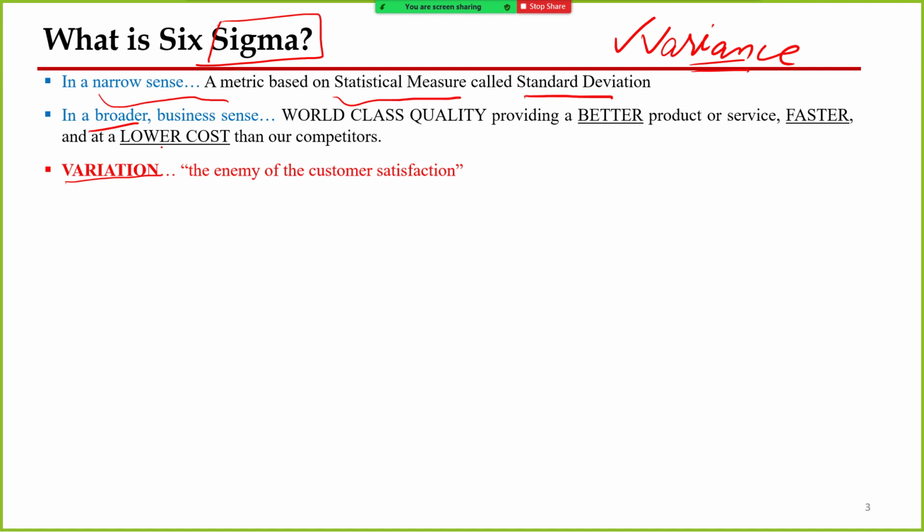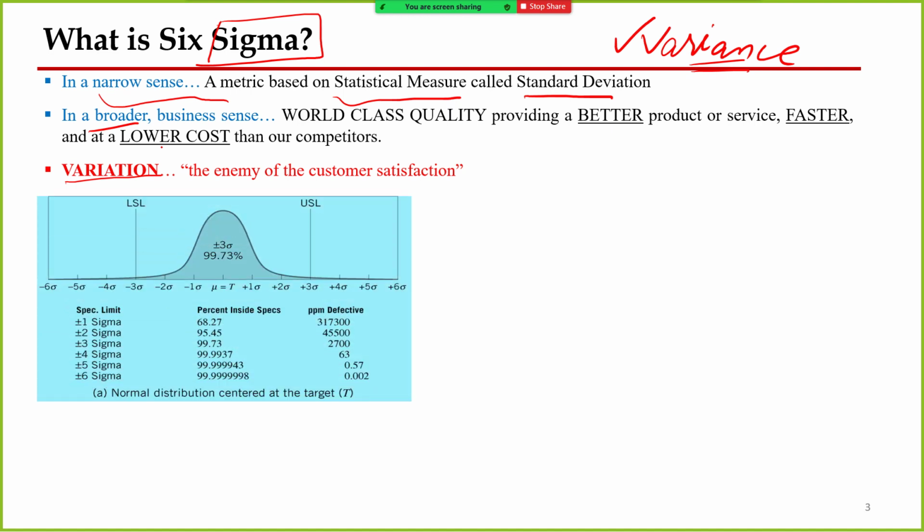Talking about the Six Sigma perspective, first of all, I am showing you this bell diagram. That is basically the statistical perspective, or you can say the short-term perspective. This bell curve is also known as a normal distribution, which you may have studied in your statistics class.